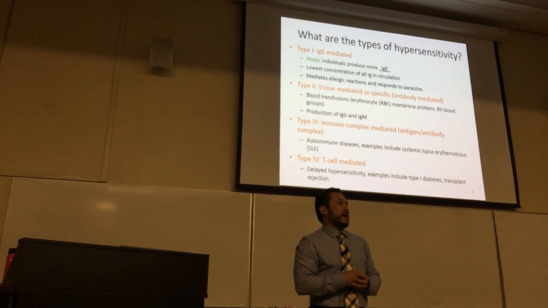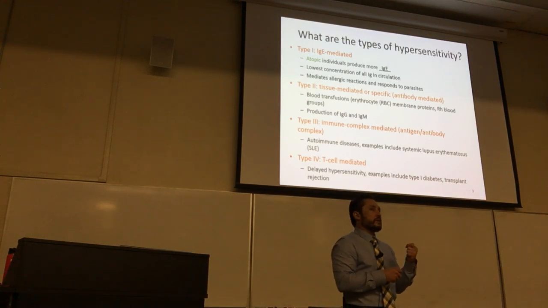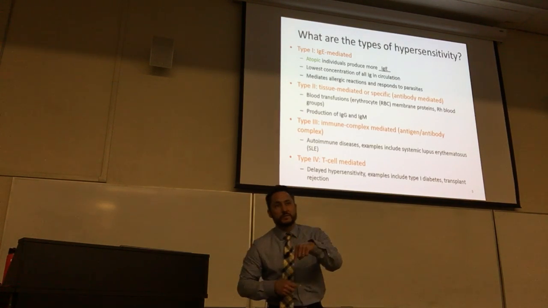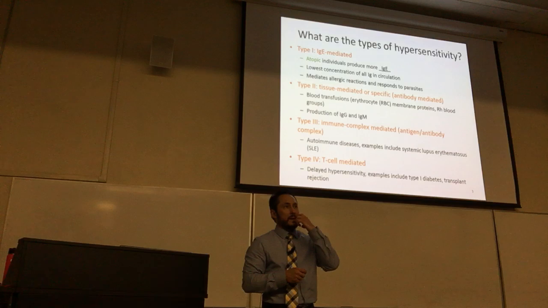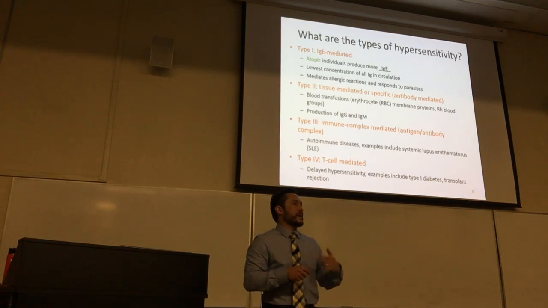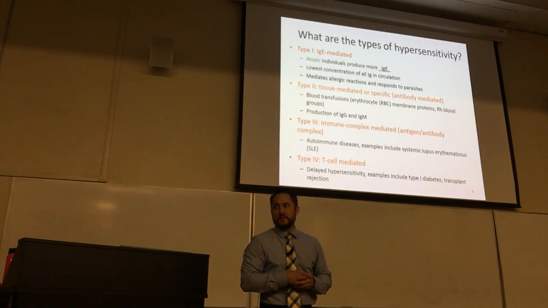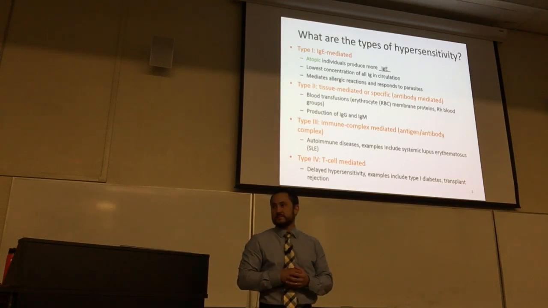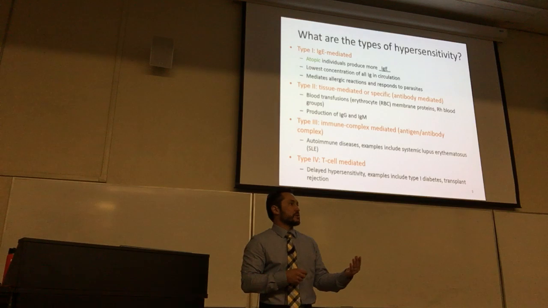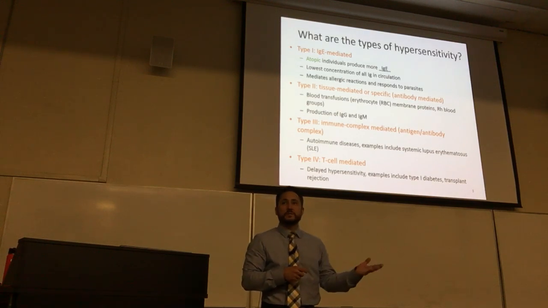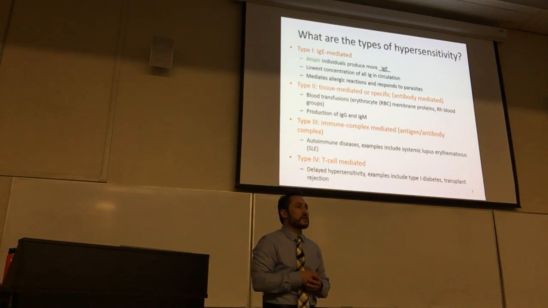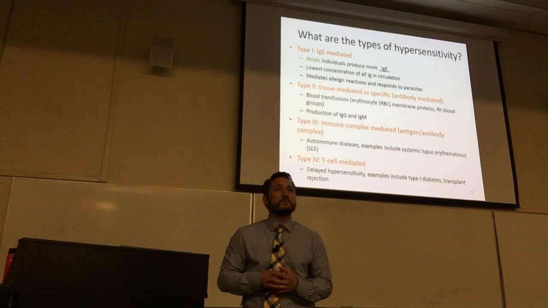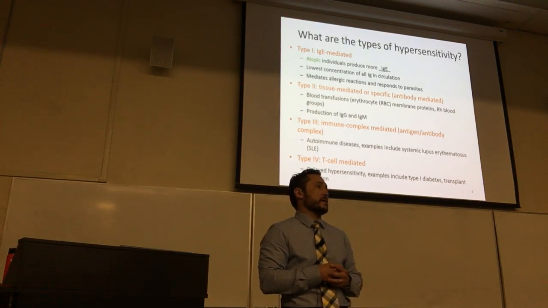Okay? And as you can imagine, those antigens, if you see it for the first time, and you don't have that antigen, you're going to make an antibody towards it. And so the second time you see it, you're going to go attack it. And that's why we have to pay attention to your blood type. And so you know you're probably A positive or negative, B positive, negative, AB positive or negative, or O positive or negative.